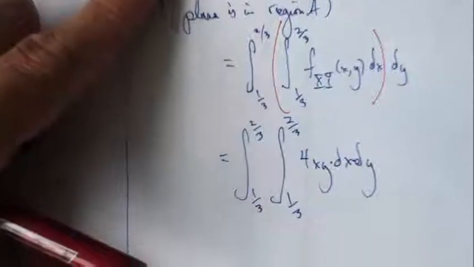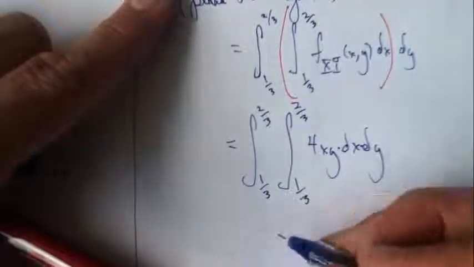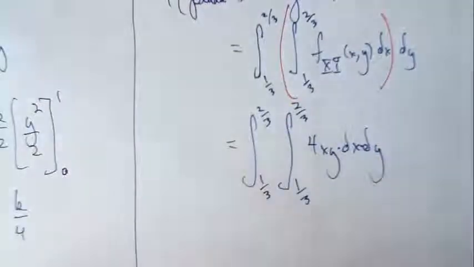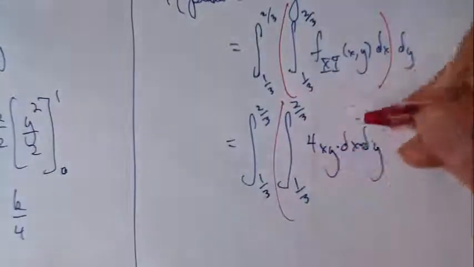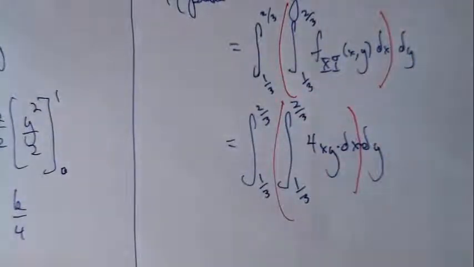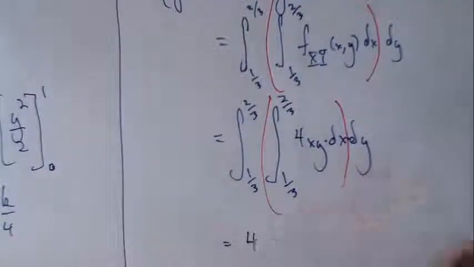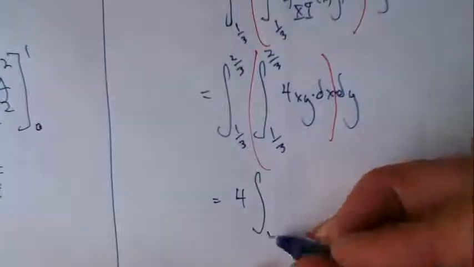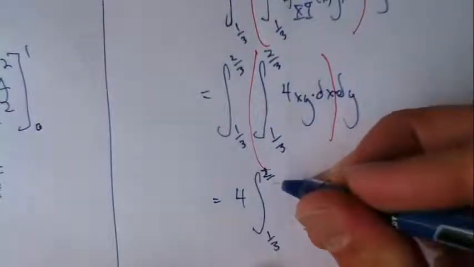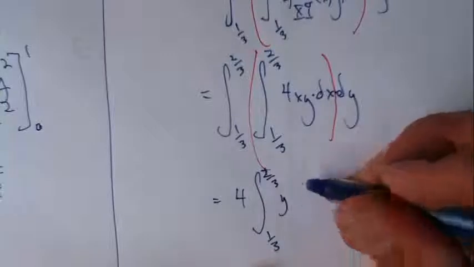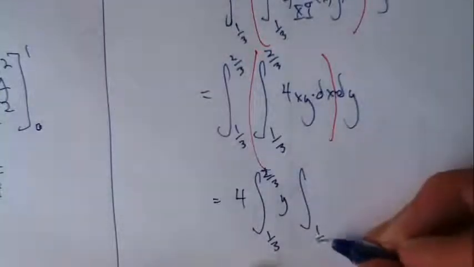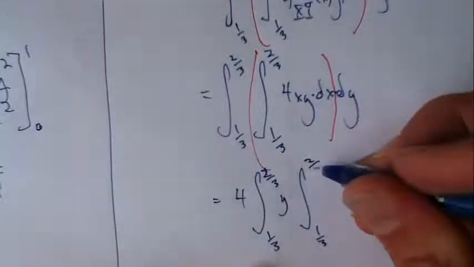Now I'll do the integral with respect to x first, because it's the one on the inside, right? So actually, I'm going to pull that 4 all the way out. Pull the y out one time, because it's constant with respect to x.